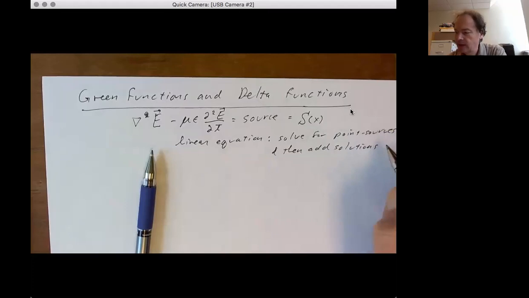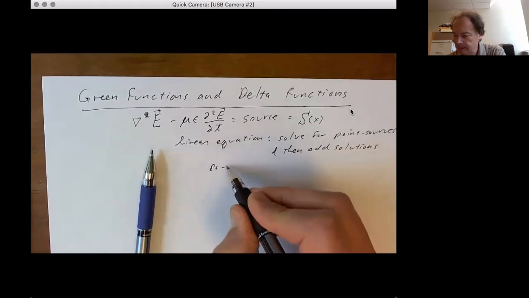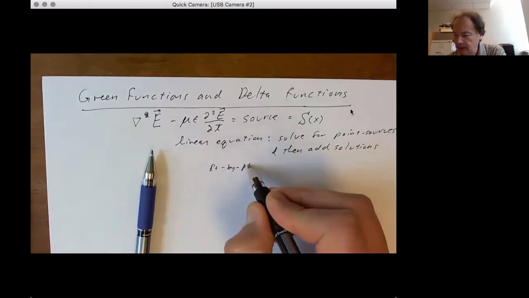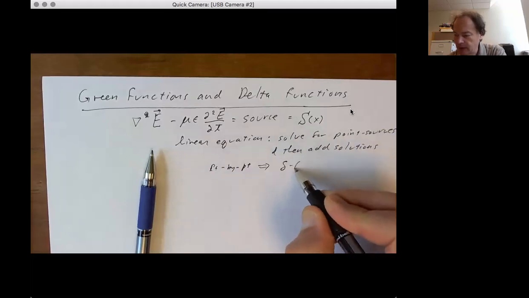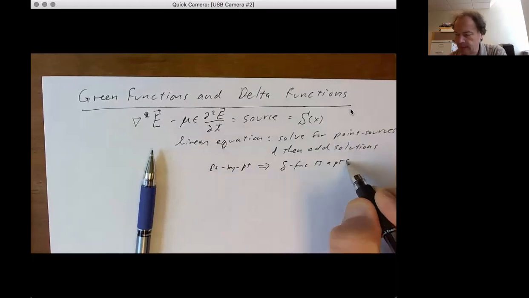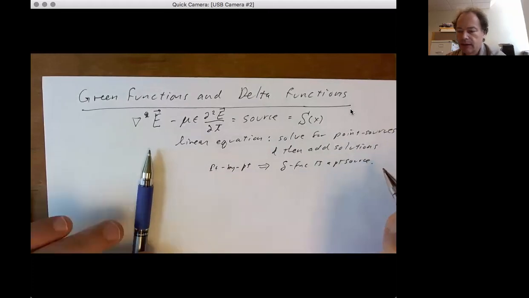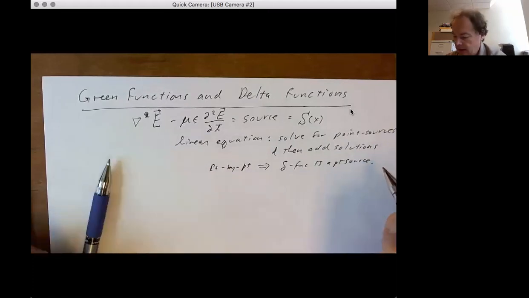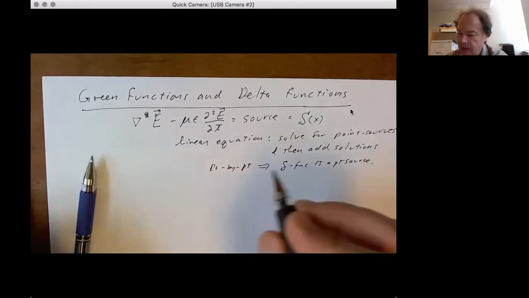And of course, the point by point approach makes use of the fact that a delta function is a point source. And let's take that a little bit further by defining what we mean by a Green function.